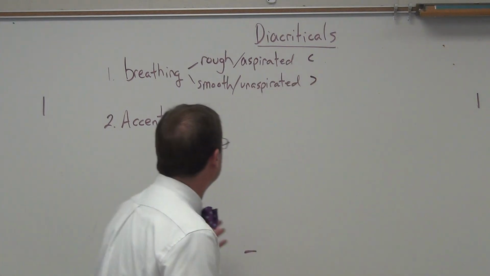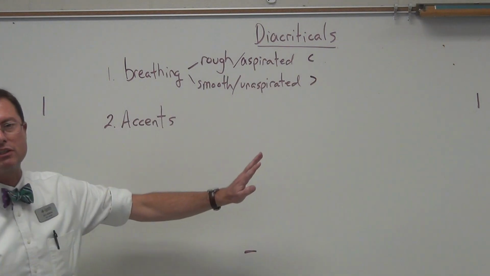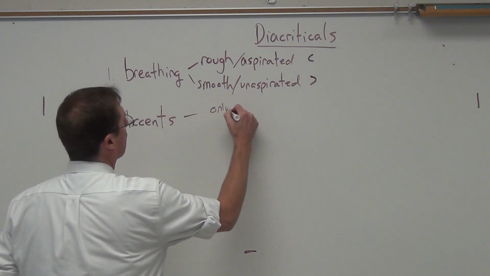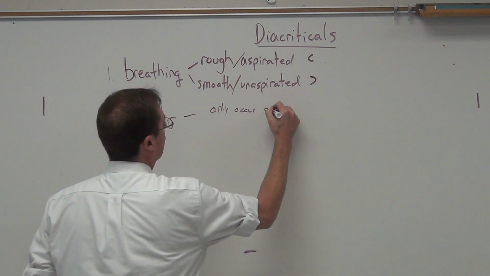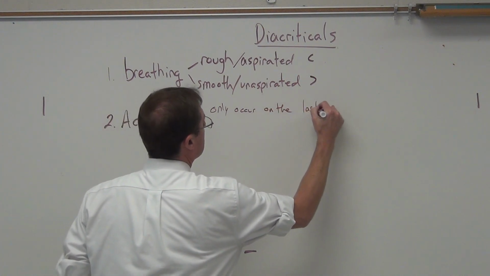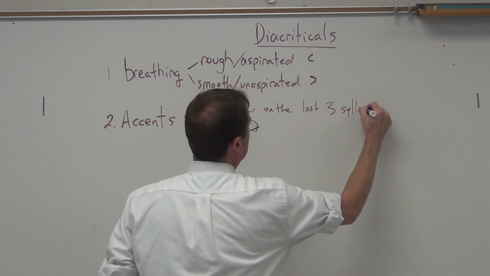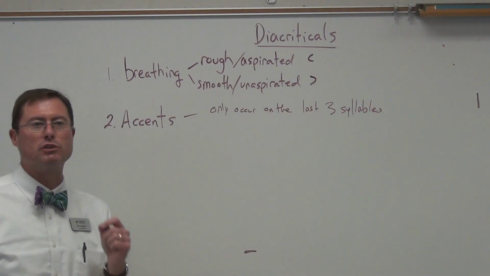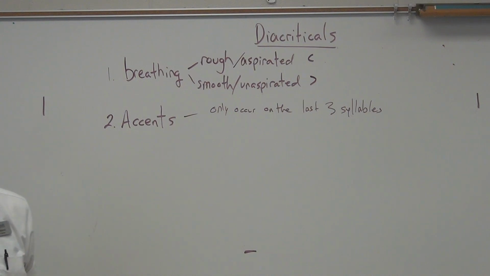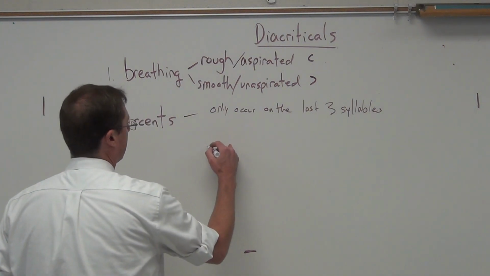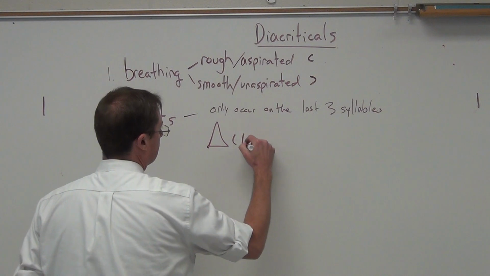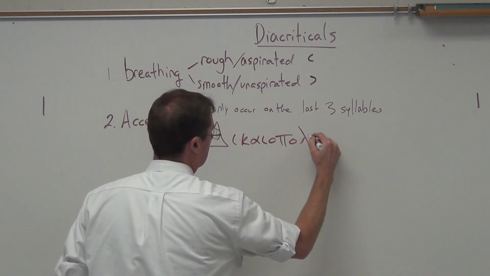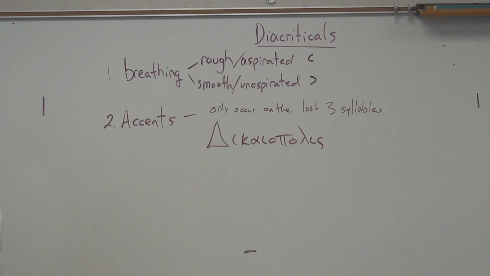At any rate. First and foremost, you must understand that the accent can only occur on the last three syllables of a Greek word. These syllables all have names. So, I'm going to write down the name of the father of our family: Diacriticals.